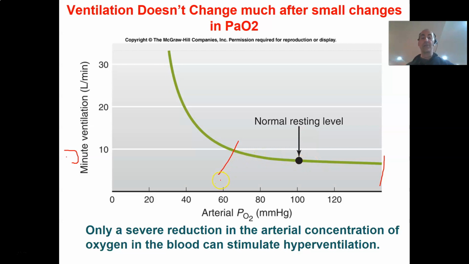It's not until you get below 60 millimeters of mercury that you're going to have this rapid rise in breathing. So quite a bit of a change in either direction does not affect your breathing rate very much.